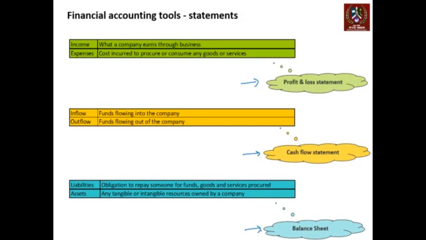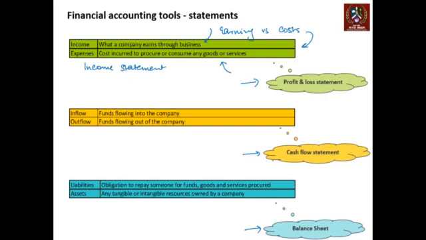As we understand this, basically, the premise here is that a profit and loss account is going to tell what a company earns through business and what is spent to procure that business. So earning versus costs is going to come in the P&L statement, profit and loss statement, also known as the income statement. This is also called the income statement, right?